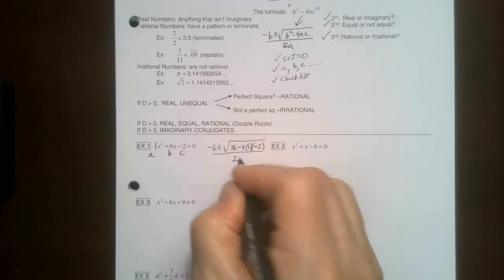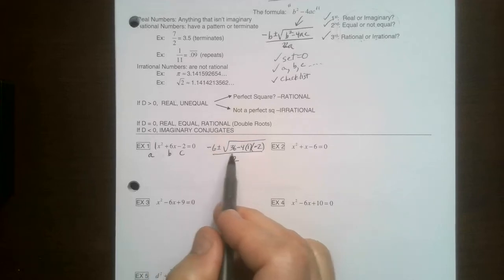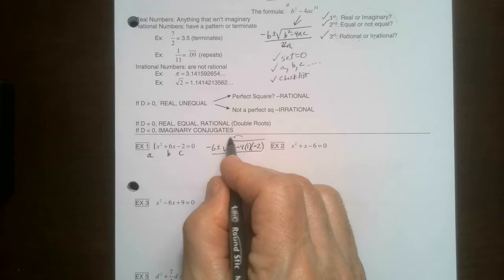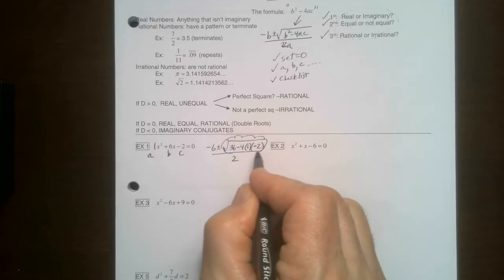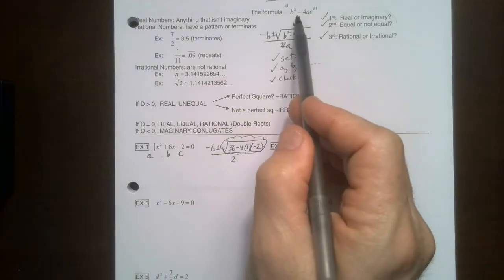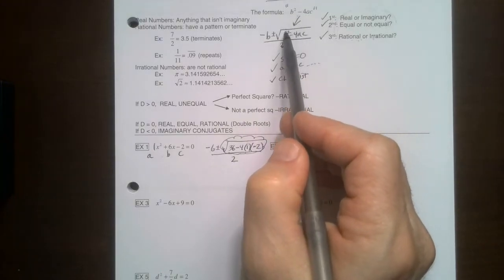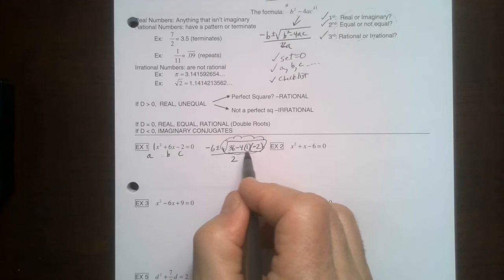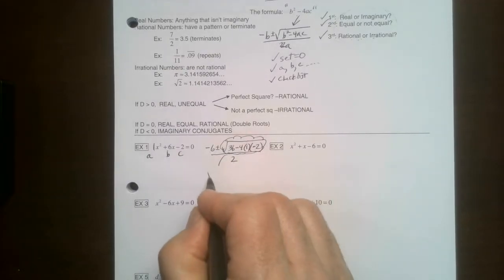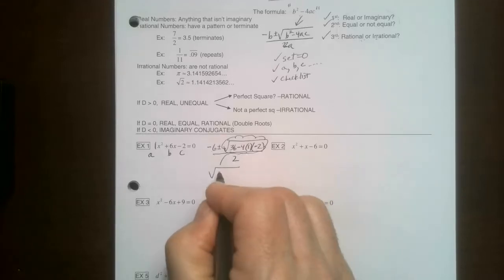We don't really need this piece, and we don't really need this piece, because what we're going to concentrate on is this, which is our discriminant. Now, this doesn't bring the square root along with it. I think we should. You'll see why in a minute. So 36 plus 8 is the square root of 44.